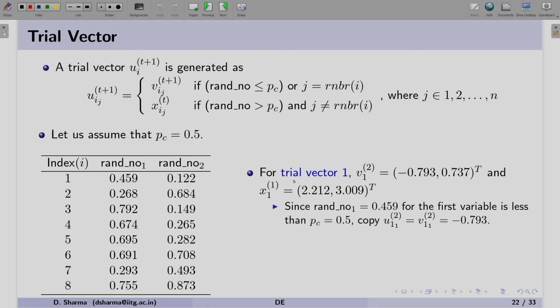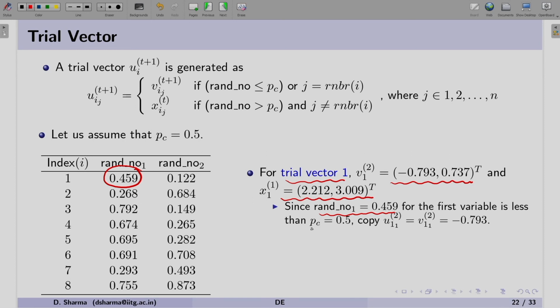Let us take the trial vector 1. Here, we have already computed the mutant vector and we had the target vector. Now, let us look at the random number. Random number 1 is 0.459, as you can see from the table as well.